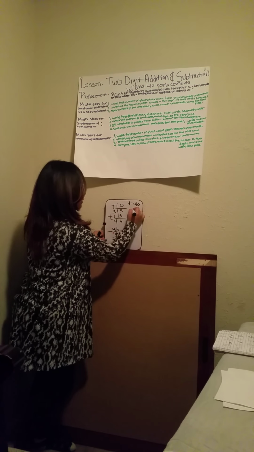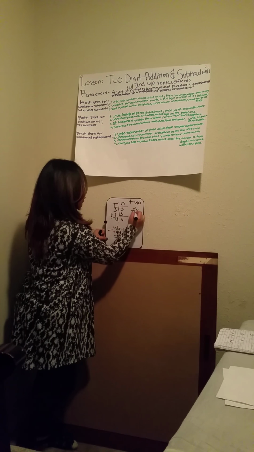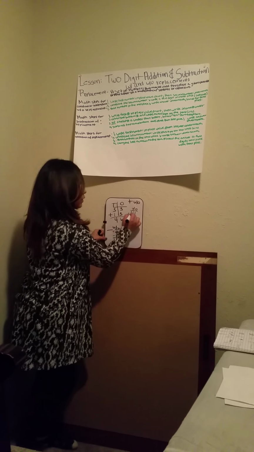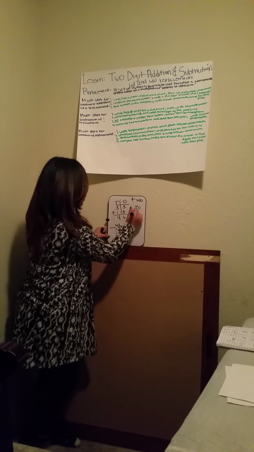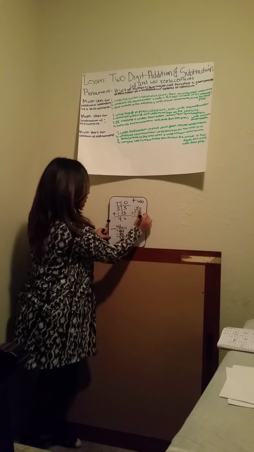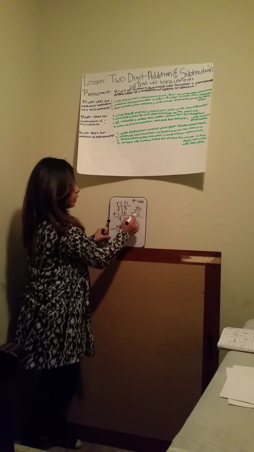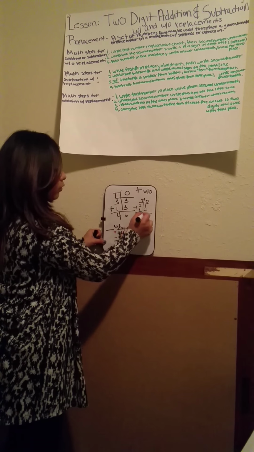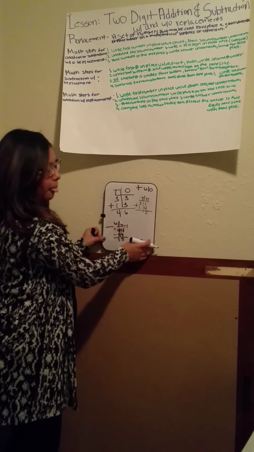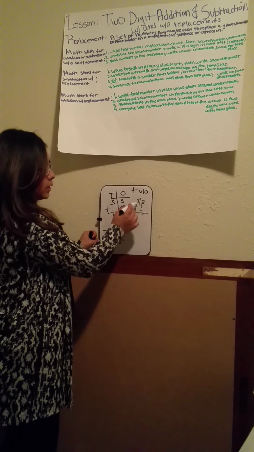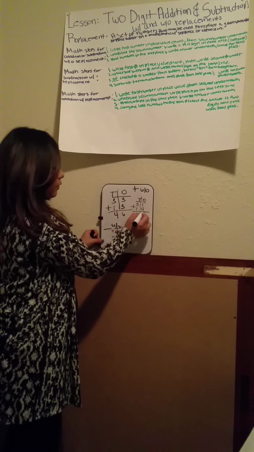So ones and tens. We'll do 51, and then, like I said, always to the left, plus we have our 14. So 1 plus 4, of course, equals 5 here. And then we're going to go over to tens place. 5 plus 1 equals the 65.